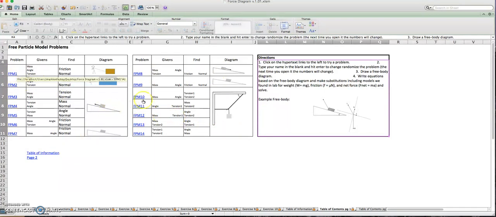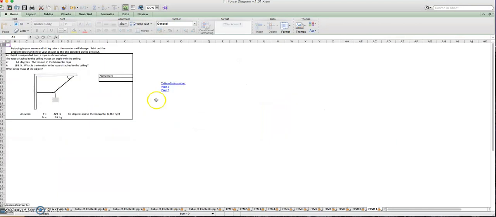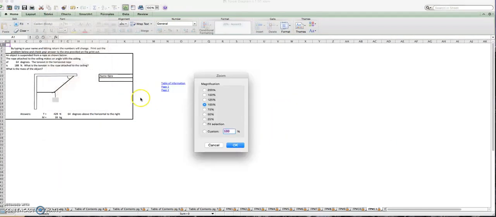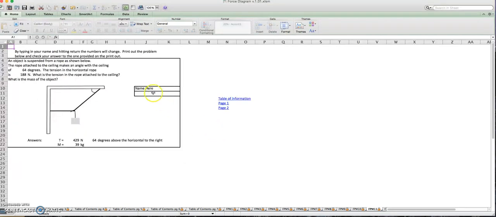I'm just going to pick one at random. Let's say this one here. Let me zoom in a little bit. And so they don't even have to type their name in this box, but once they type something in this box and then hit enter, it changes the numbers here, and then that would change the answers.